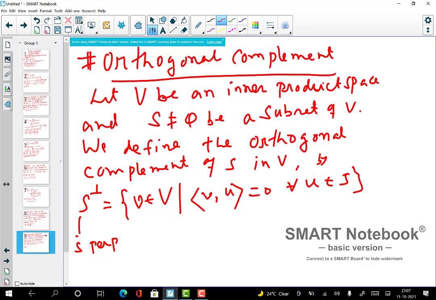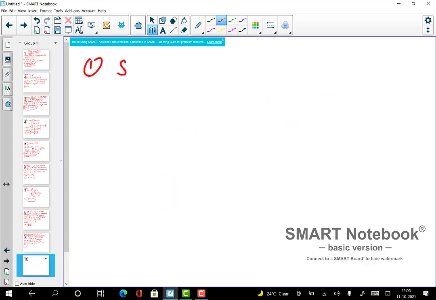Now it is a simple observation. One can ask what kind of set is this? For example, if you start with a set which is not a subspace, still S perp is a subspace actually. So S perp is always a subspace. So this is a property you can check, that S perp is a subspace of V. How do you check that?